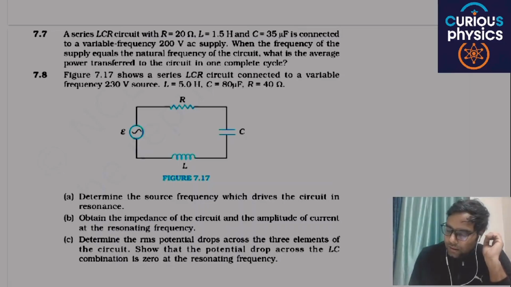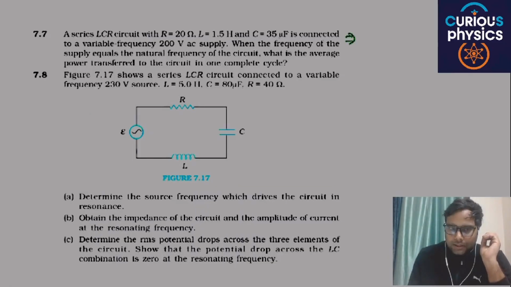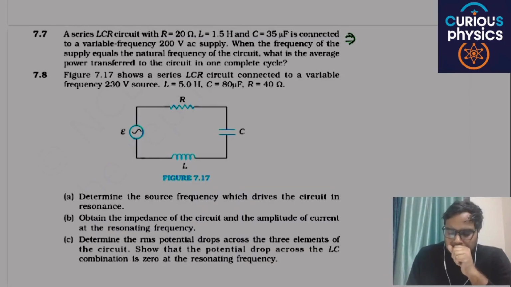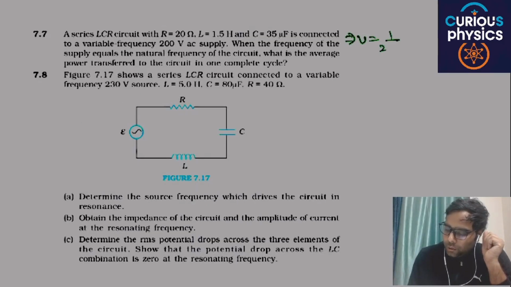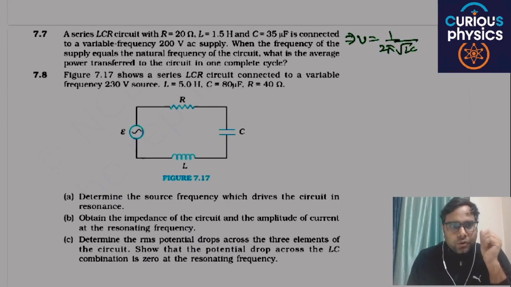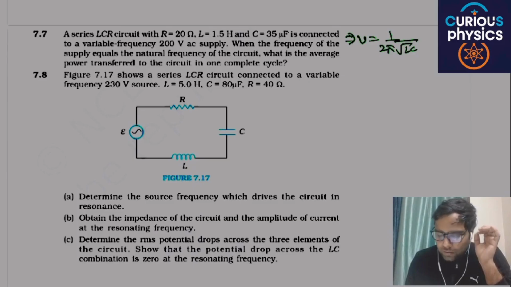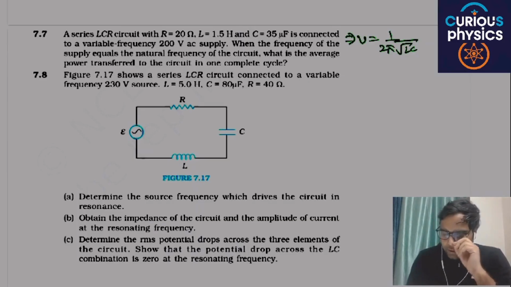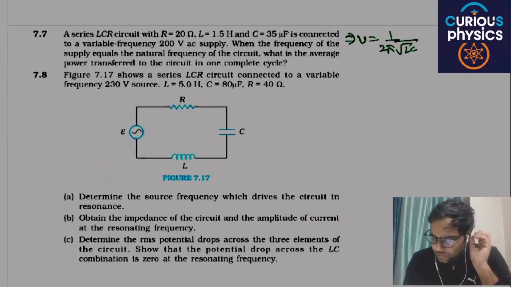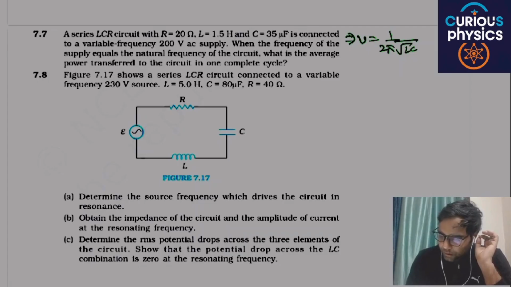In this particular case, the natural frequency will be nothing but 1 by 2 pi under root LC. Okay, are you able to understand the point? You will get the value of the natural frequency, and then the average power transfer to the circuit.